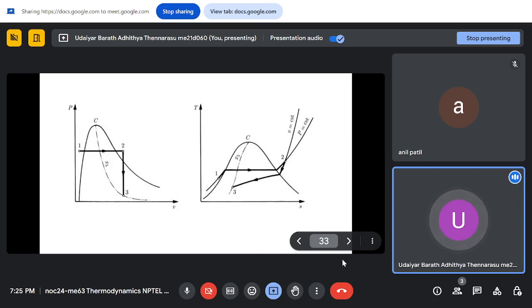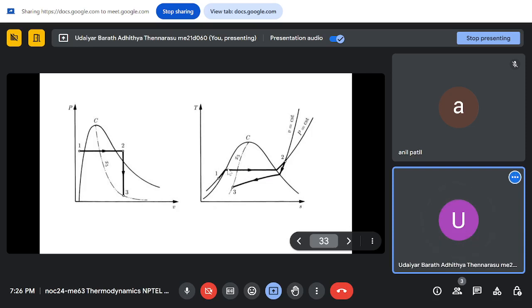Similarly in a TS diagram, again this is your two-phase region, and initially you have a constant pressure line, because 1 to 2 is a constant pressure process. State 1 is again less than your saturated liquid state, and then from 1 to 2 you go through a constant pressure process. This is again a straight line because this is a pure fluid, so your pressure will be constant during a phase change.